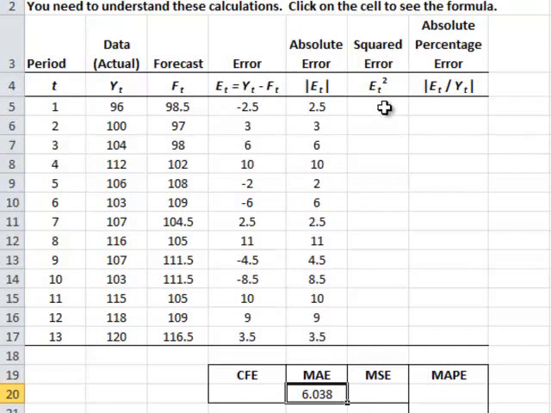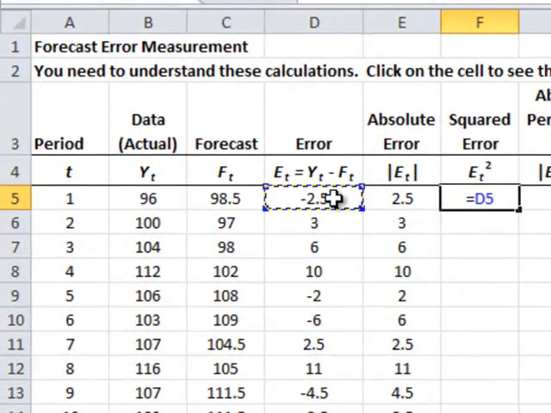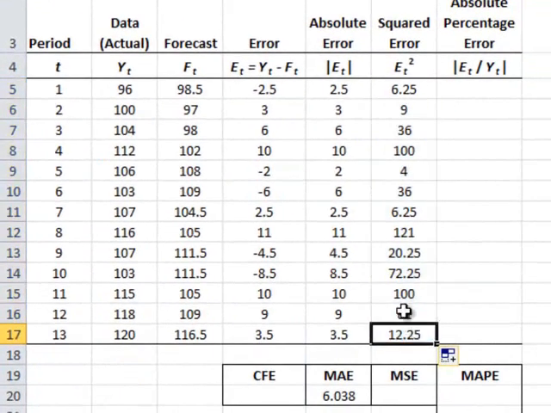An alternative measure would be the mean squared error. My first step there is to take the actual errors, again some are positive, some are negative, and I will square the error and drag that formula all the way down. So when my error is 3, my squared error is 9.